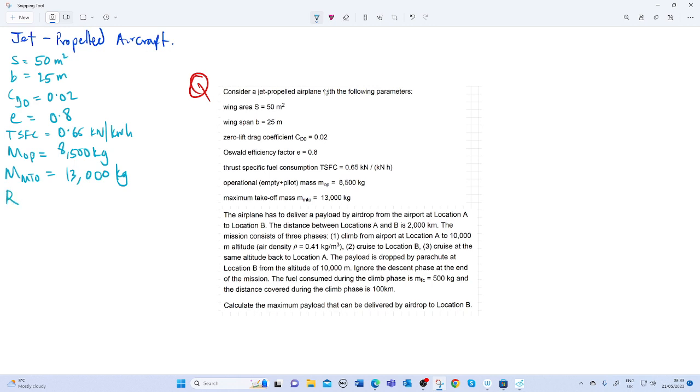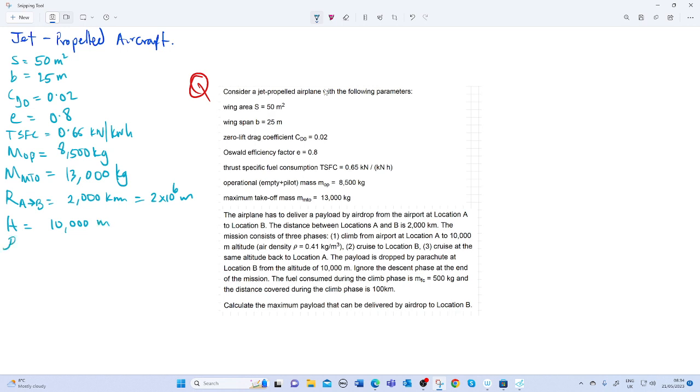The distance from airport A to B equals 2,000 kilometer. That is 2 times 10 to the power 6 meter. The altitude of the flight, 10,000 meters.